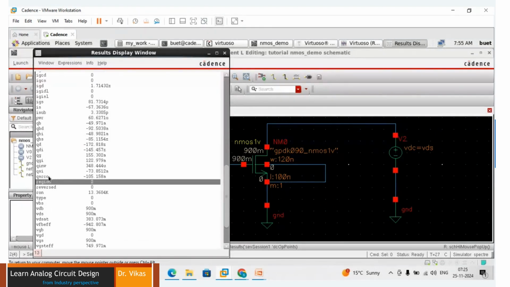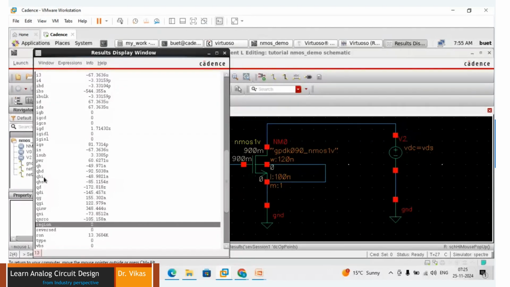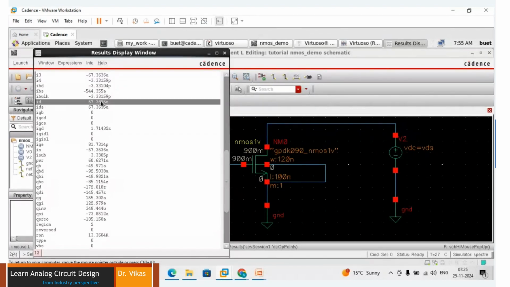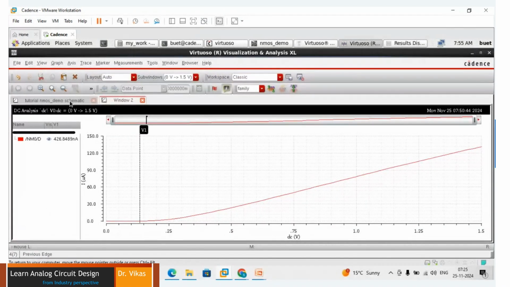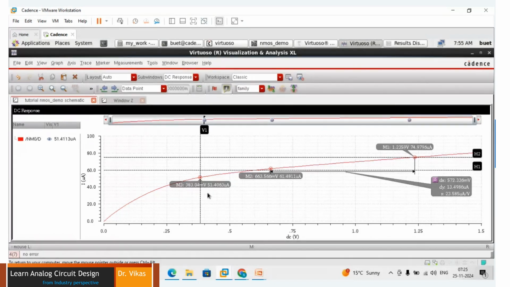And there are other parameters. You can see ID is 67.3 microampere. What exactly does that indicate? It indicates a particular value of current at which the MOSFET has entered deep saturation. After this voltage, somewhere over here, it is picking up that particular value, 67 something. Why is it picking up that value?